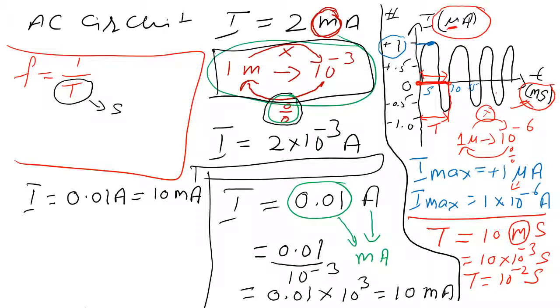We already got the value of T in second, so frequency equals 1 over 10 to the power minus 2, which after solving comes to 100 hertz.